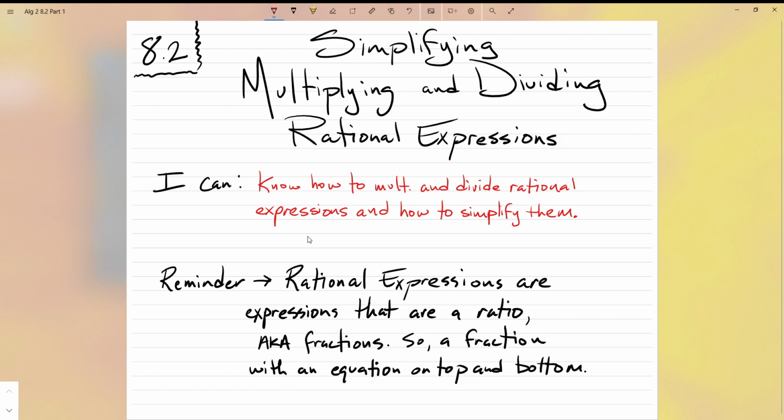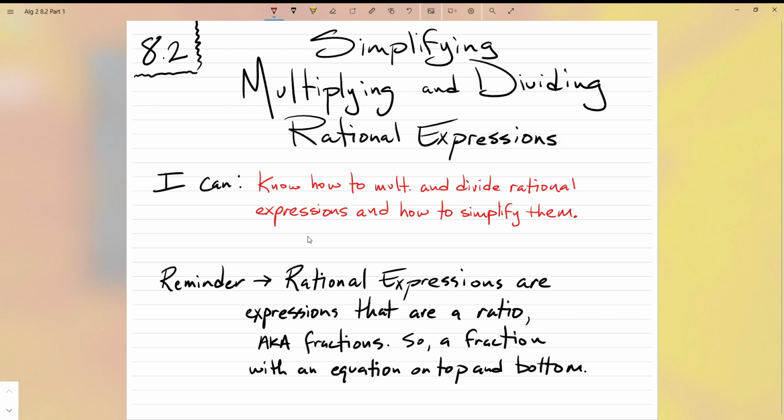So as a reminder for you down at the bottom of the page here, sometimes using correct terms can feel confusing. Essentially, a rational expression is something that's written as a fraction. So all of this is basically just simplifying fractions, multiplying fractions, dividing fractions.